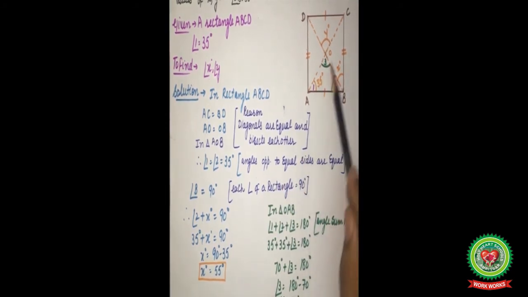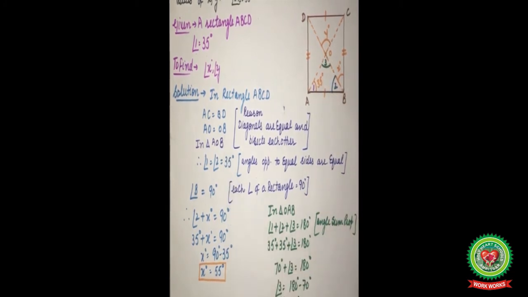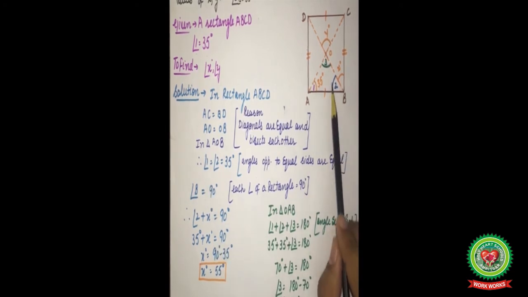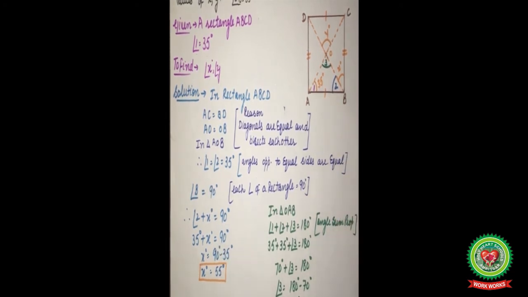Now students, if we see in this figure, in a triangle AOB, OA equal to OB, we have already written, because the diagonals are equal and they bisect each other. So therefore angle 1 will be equal to angle 2, because the angles opposite to equal sides are equal in a triangle. So we get the value of angle 2 as 35 degrees.